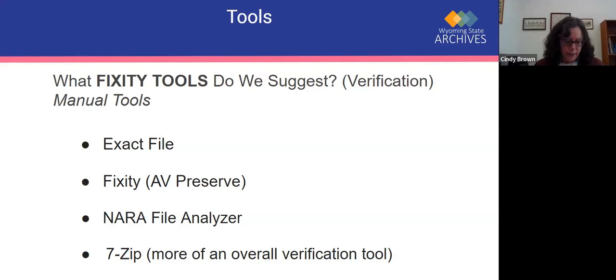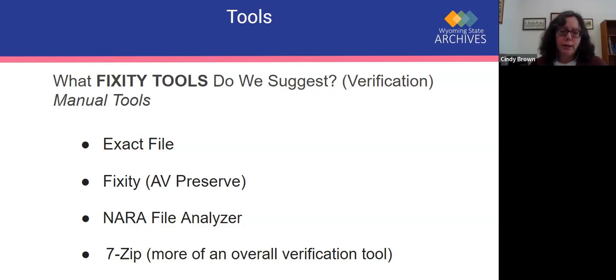The NARA File Analyzer, I thought I mentioned it above in the generation tools as one of those multifunction tools. And then the bottom one's a little weird, because I know a bunch of you probably use 7-Zip as a way to open up zip files or send zip files.